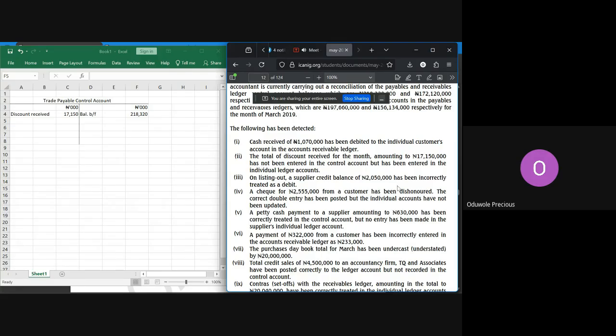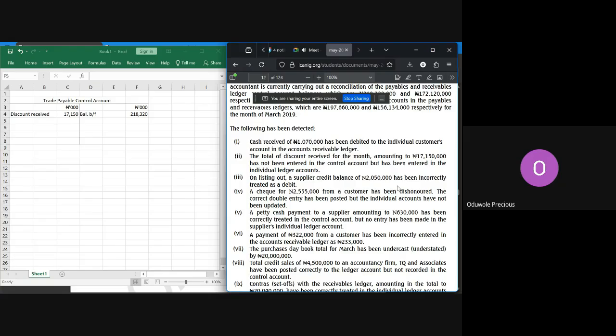So what it means is that the balance of that ledger control account has been debited instead of being credited. It was supposed to be credited, but now it's debited. So that one affects what?